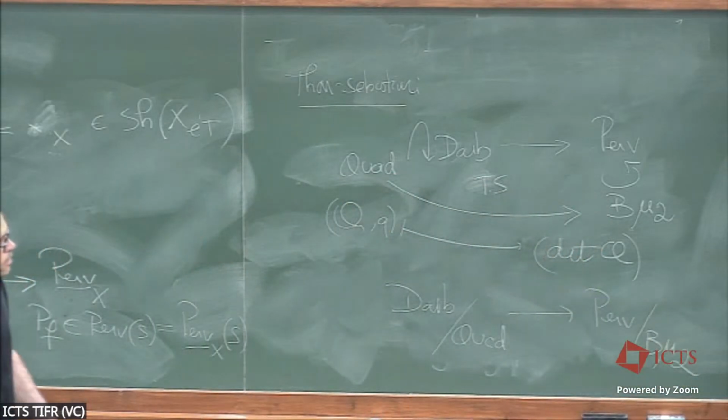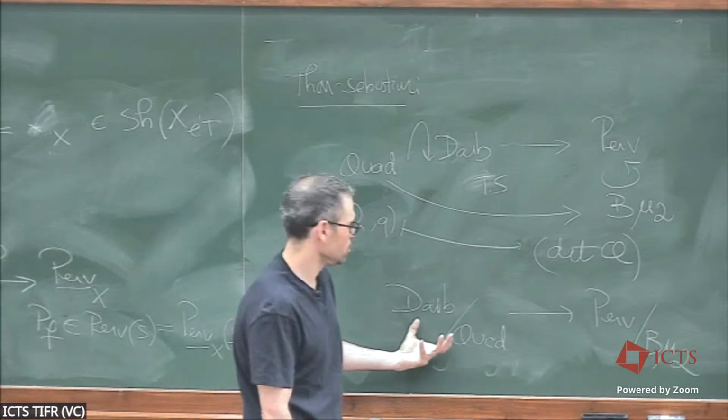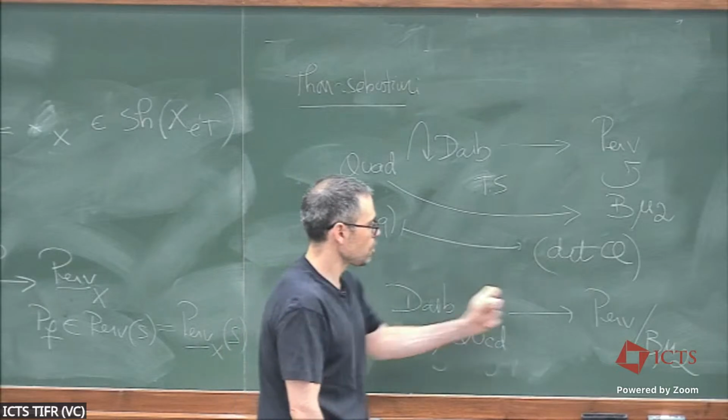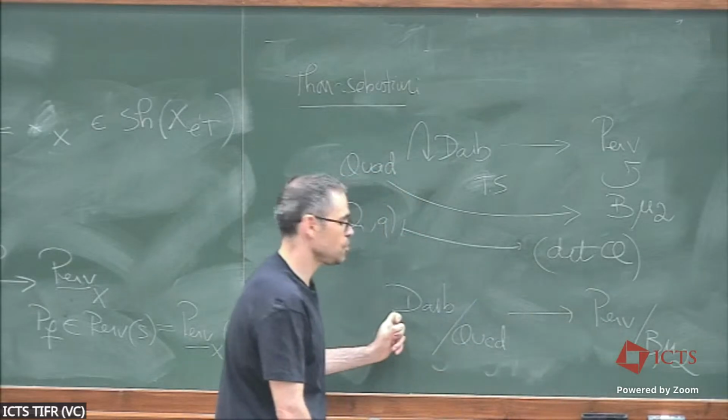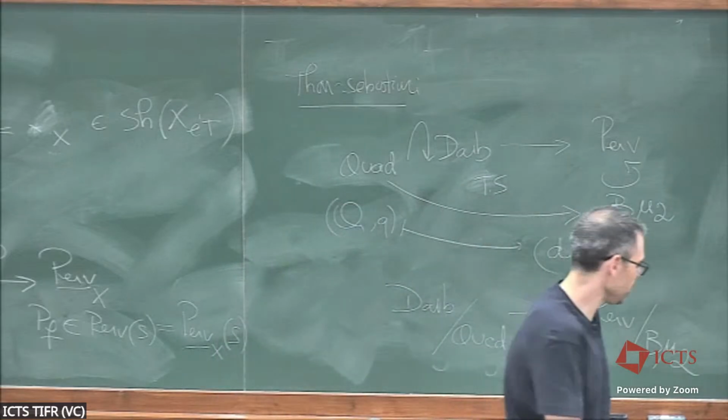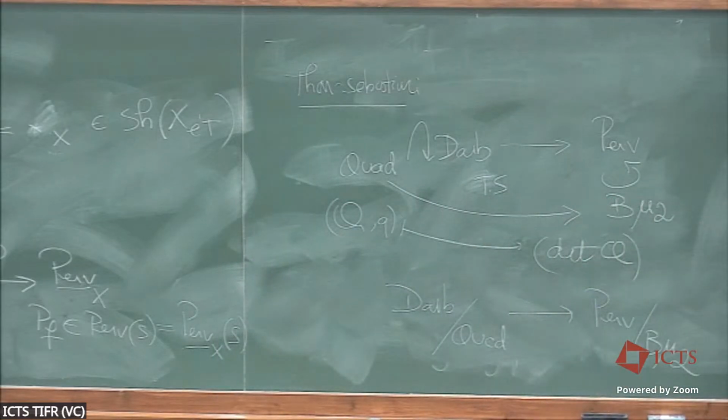Now, if this stack was contractible, if this was already a point, then I would just say that I have a section of this stack. But this is not a point, I told you, this is just connected. But perverse sheaves satisfy A1 isotopy invariance. They are motivic. Everything which is motivic does not see the line.